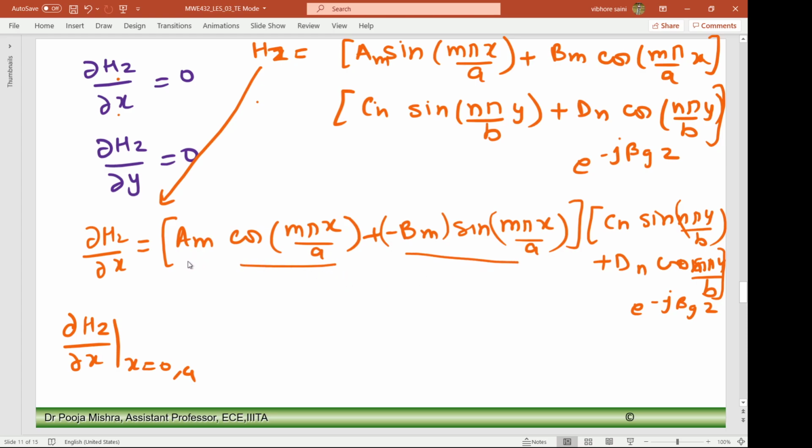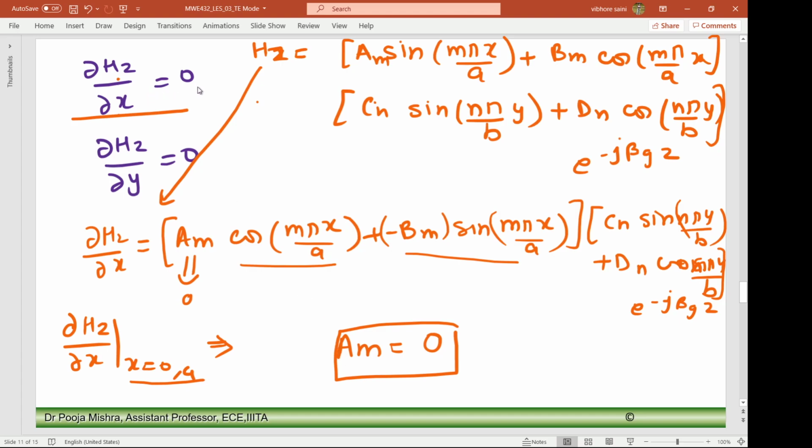In order to satisfy del Hz by del x equal to 0, we want to make this equation equal to 0. Since this term is not 0, this constant term should be 0. So del Hz by del x for the boundary condition x equal to 0 and a will give the constant value equal to 0, meaning Am should be 0 for this condition to exist.